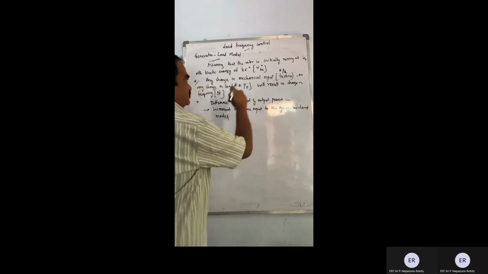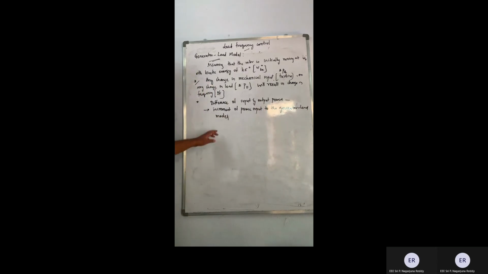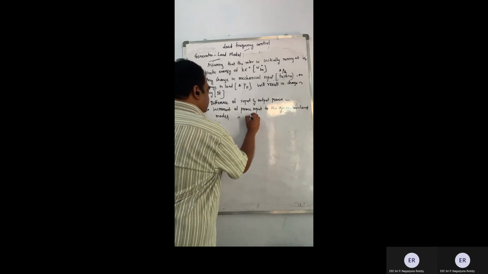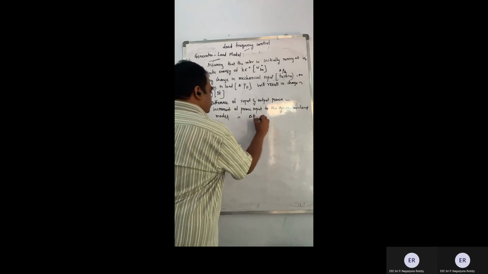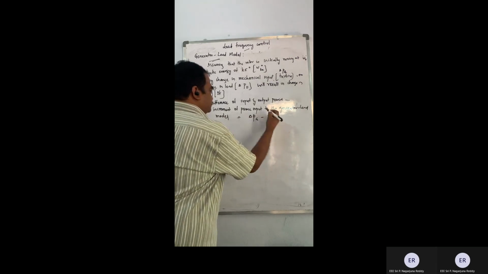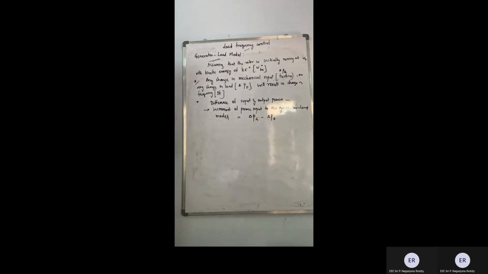The difference between delta PG and delta PD is often referred to as the increment of power input to the generator load. This is equal to delta PG minus delta PD. This is the power which is actually being fed to your generator.